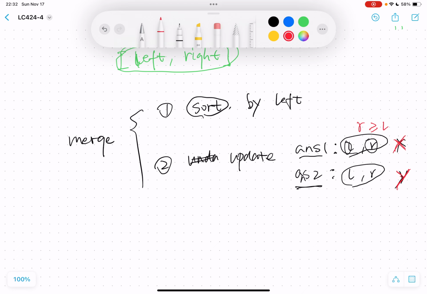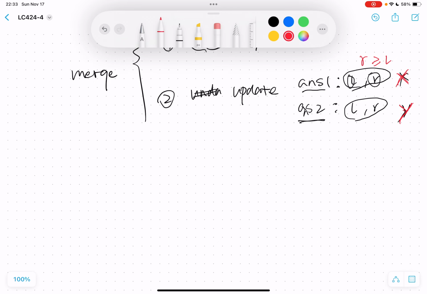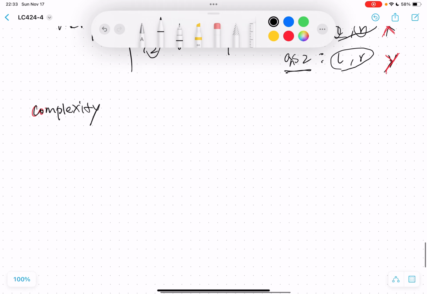If you have any specific confusion, welcome to submit a comment. Okay, next part, let's also talk about complexity. First part is time complexity. First thing is we use binary search to search the answer.